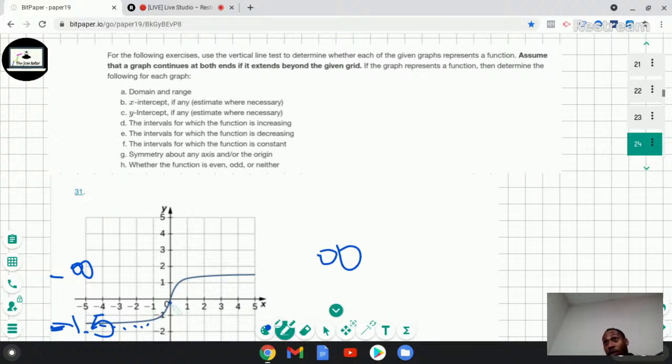It gets to 0, which is greater than negative 1.5, and it goes all the way up to 1.5. So as I'm going from left to right in x values, as I'm increasing the x values, the y values are also increasing. So that means in the whole entire range, the function is increasing.